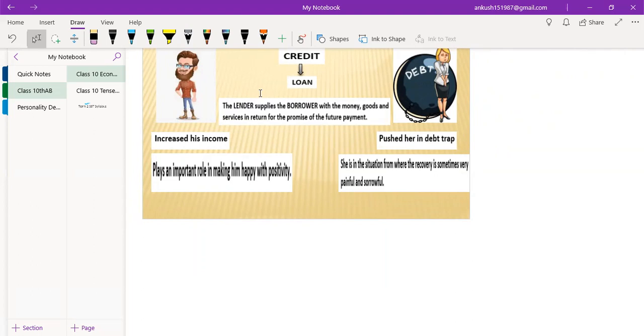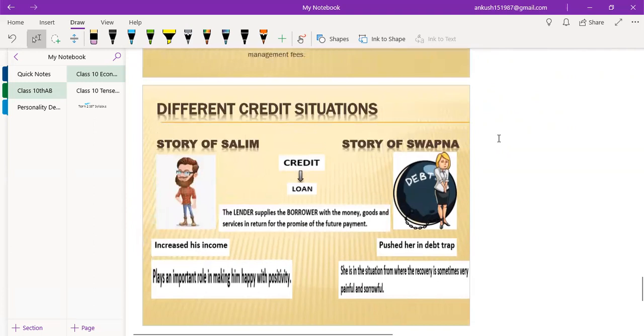This is called the credit arrangement. Now, what kind of arrangement or agreement is made when we get credit from the bank and take credit from the bank? Credit can be a good one or a bad one as well. It depends upon the situation in which you have borrowed money from the bank.